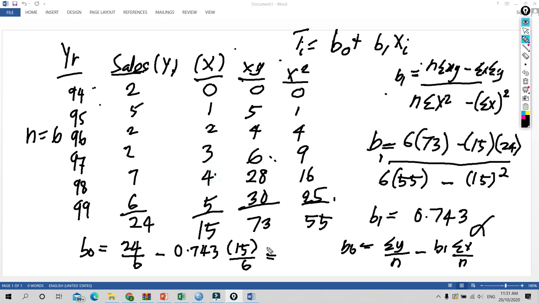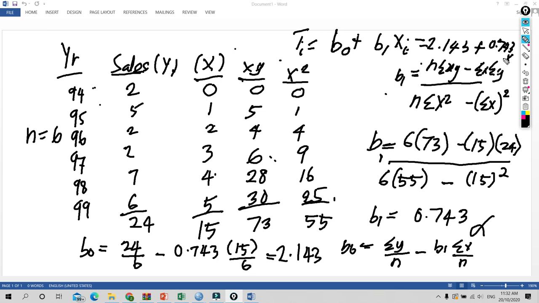So here is 2.143. So we can write a trend line here. The equation for the trend line is equal to 2.143 plus 0.743x.